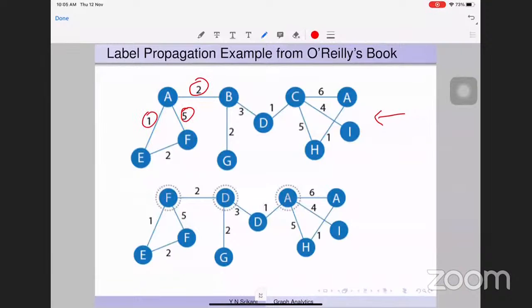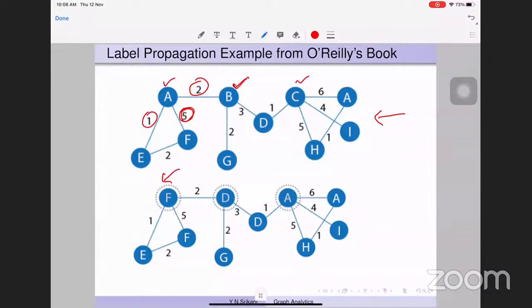So let us say we consider three nodes, A, B, and C to begin with. Now, A looks at its neighbors, E, F, and B. The most influential neighbor is F because the weight of the edge is 5. So A changes its label to F.